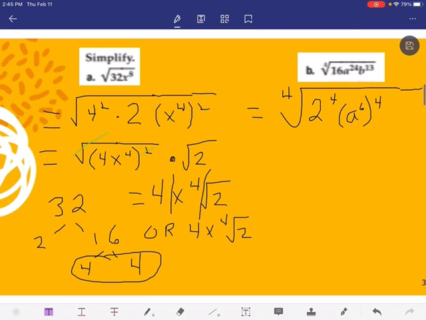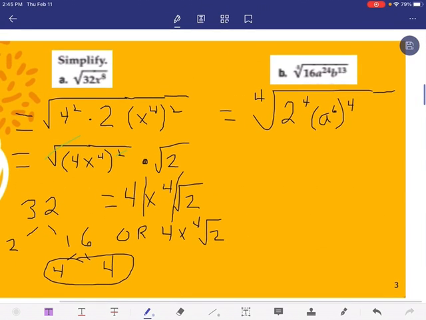So what we end up having to do is to kind of work our way around that. We still need to simplify it as much as possible, just like we did with our 32 on the other side. We were able to break it apart with multiplication and break off a 16. So here, we want to do a similar process. Okay, well, 4 doesn't go into the 13, but is there a number, or in this case, an exponent that we could break off that 4 will go into?